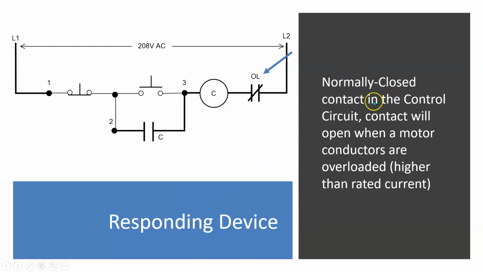Normally closed contacts in the control circuit will open when the motor conductors are overloaded, higher than rated current. So that's what we just witnessed in that scenario.